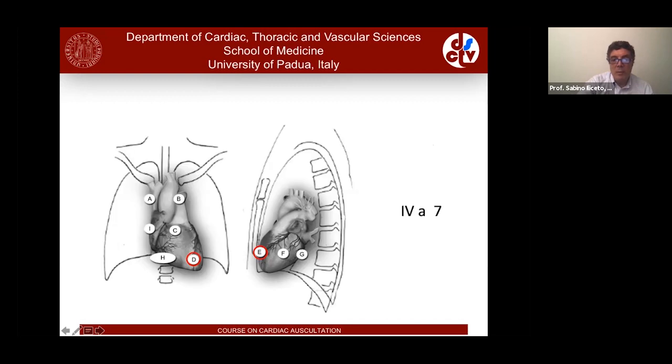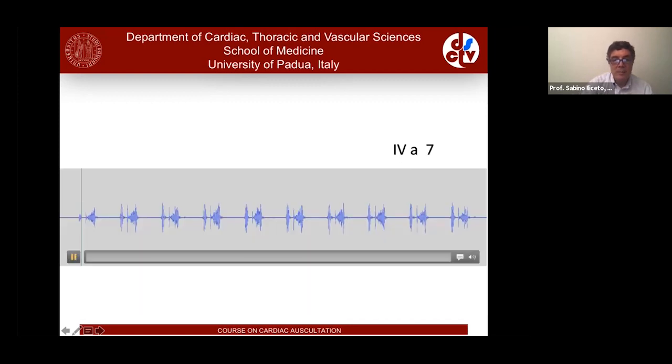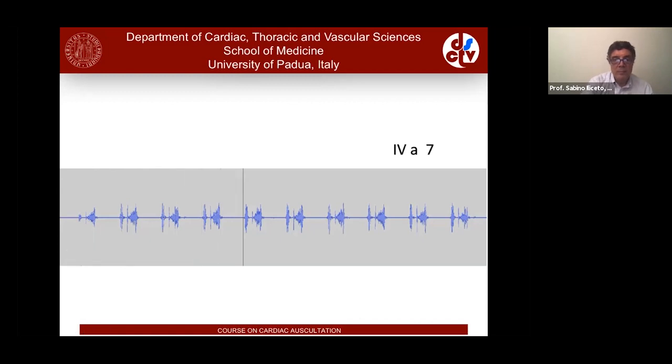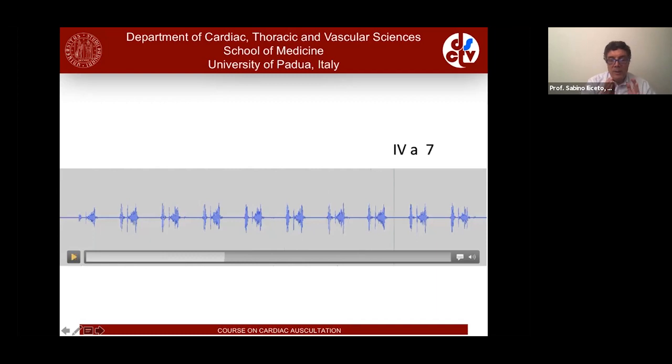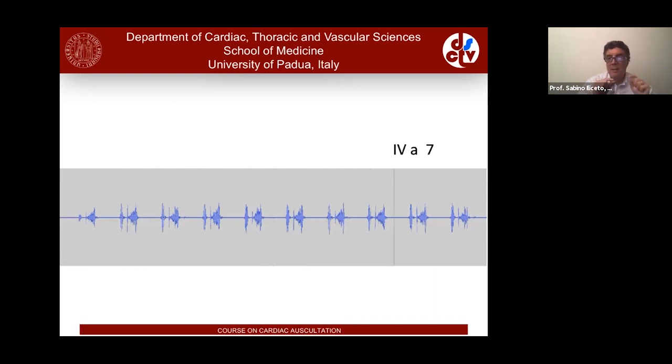So let's move to the other one and see the difference. I hope that you appreciate the fact that the intensity is constant in number 1, and increasing in number 2. So, you know where the difference is? In both cases, there is mitral valve prolapse.